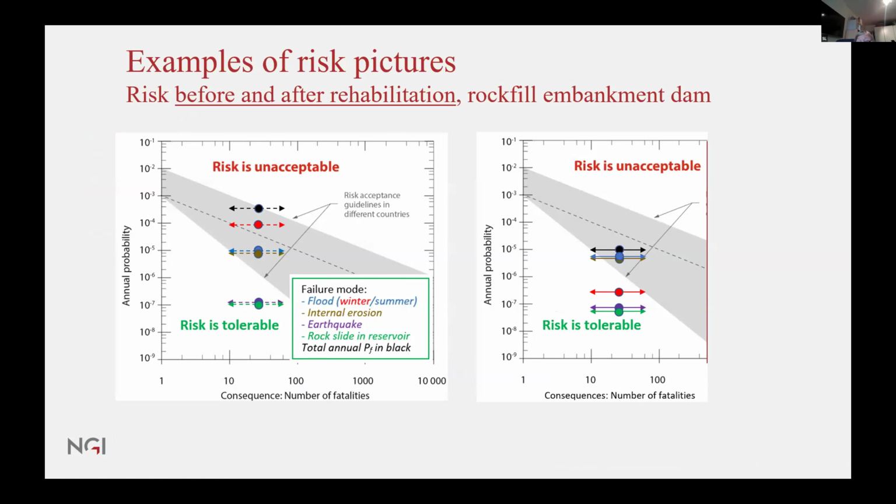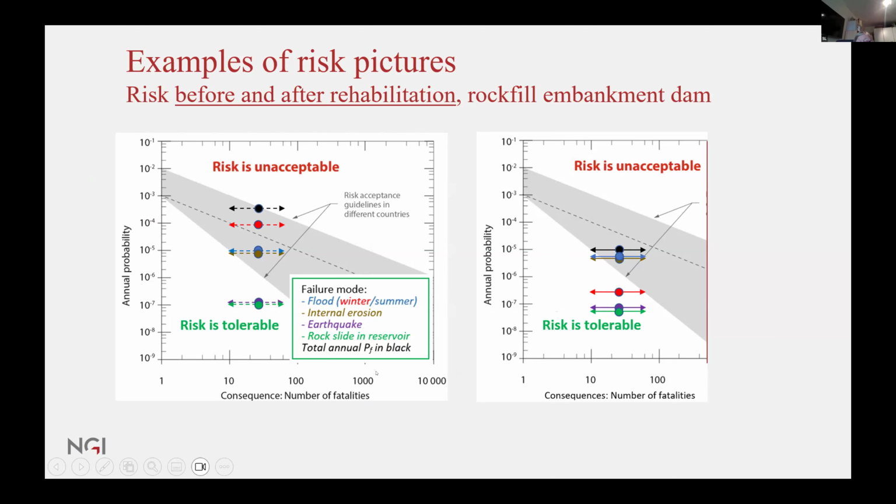The other example is for a dam. And here on the left and the right, I'm comparing one very large rockfill embankment dam. On the left, before it was rehabilitated, and to the right, after the rehabilitation. And each of these points is on a kind of standard diagram showing the annual probability, in this case, of a dam failure.